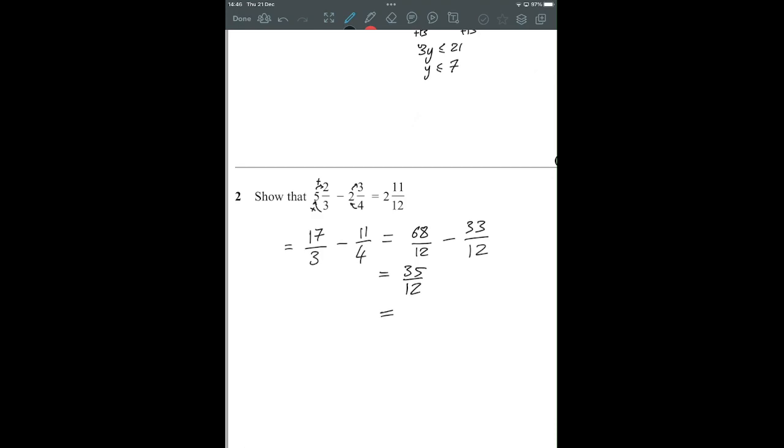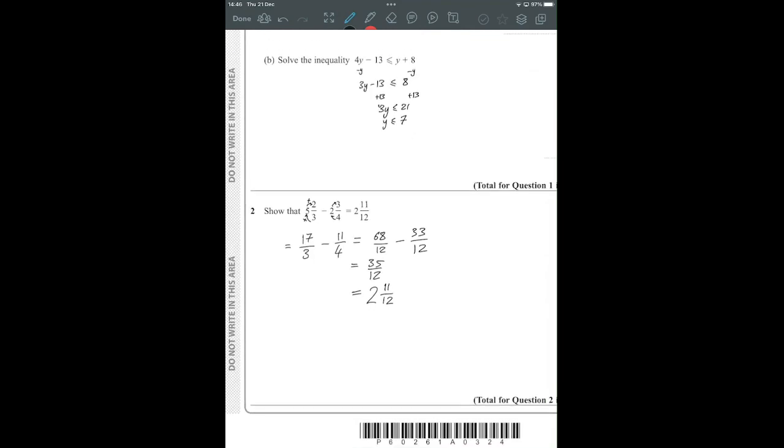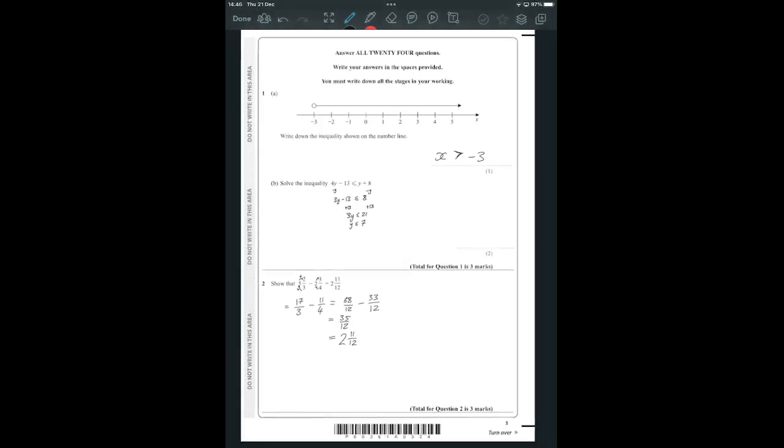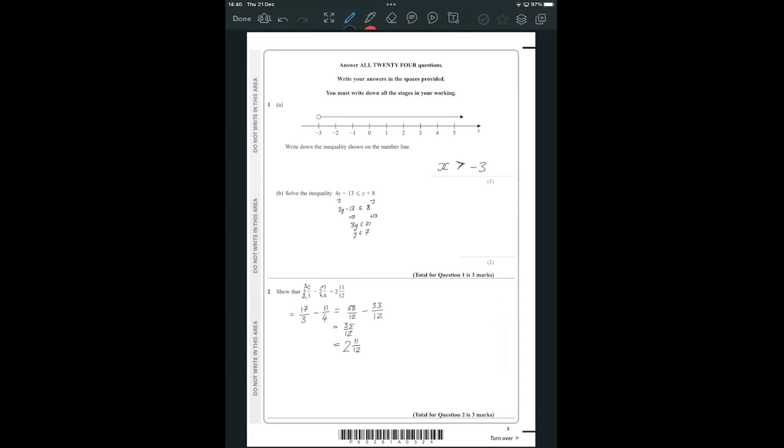A little bit of mental arithmetic: 12 goes into 35 twice, leaving 11 out of 12. You don't have to do that question entirely mentally. You can cheat on steps with your calculator as long as you write down every relevant step. In particular, if you don't write down that 35 over 12, you're likely to drop at least 1 mark.